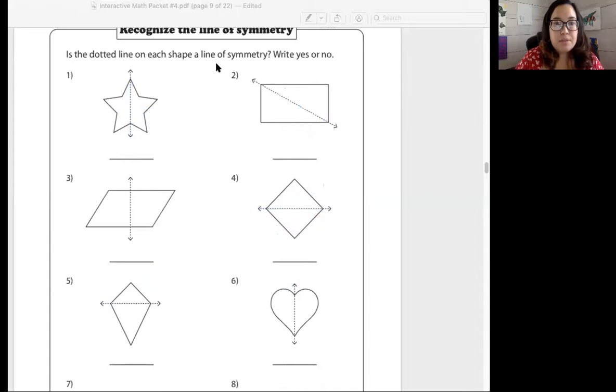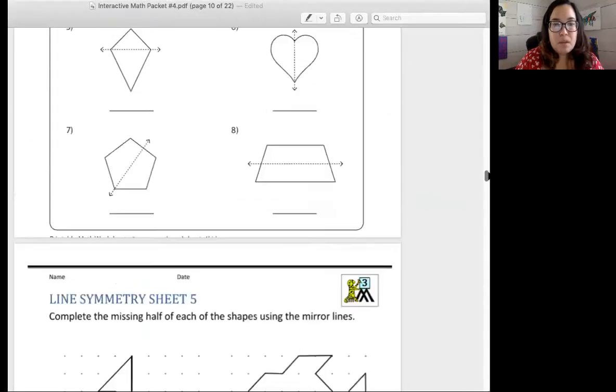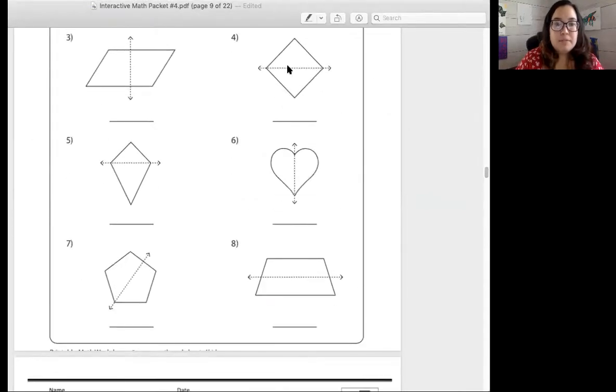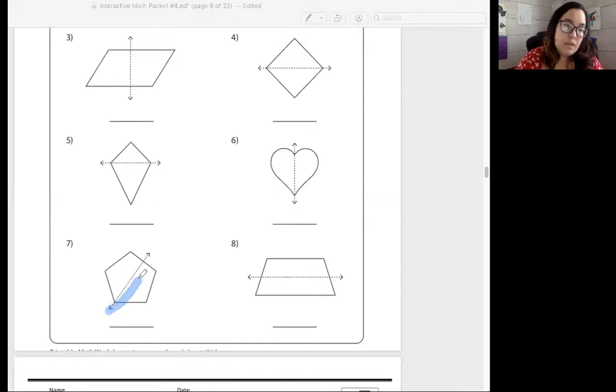Oh, that's a new thing I learned. Look at me, learning new things every day. All right, I have 2 more down here. Symmetrical line right here. Symmetrical? Nope. Sure isn't. This one only has 1 line of symmetry and it's right here.